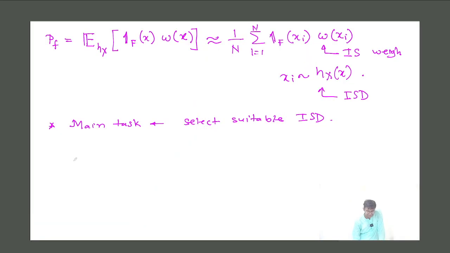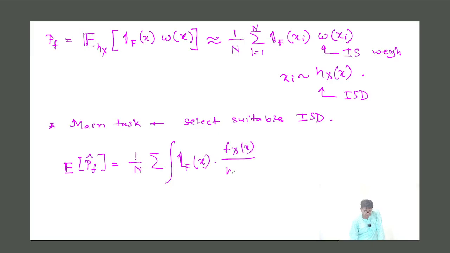I will do it, but I do not need to write it actually. So, the expectation of P f hat for importance sampling is equal to 1 by n summation, and now I am doing the expectation integration I f x w x, which is f x by h x, multiplied by h x dx.